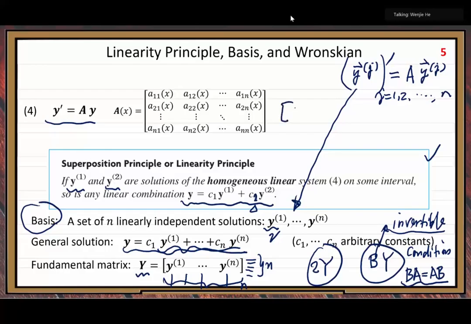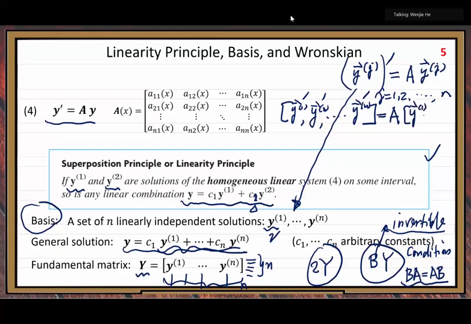The first one is y1 prime, the second one is y2 prime, pack them one by one as column vectors, the last one yn prime. Pack in that way. Can you see we can factor the matrix out inside the non-prime version?